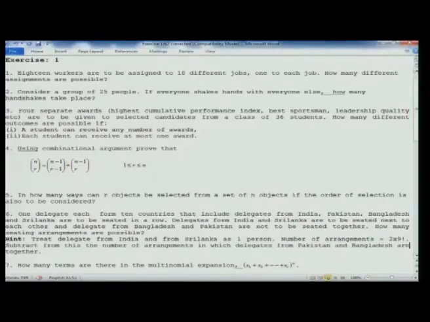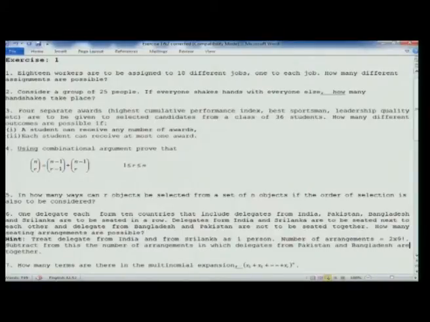That means the total arrangements is 9 factorial, but since the people are sitting in a row, the Indian delegate can sit first and then the Sri Lankan, or the Sri Lankan delegate first and then the Indian. So, this will count as 2 different arrangements, and therefore the total number of arrangements would be 2 into 9 factorial, in which the delegates from India and Sri Lanka are together.